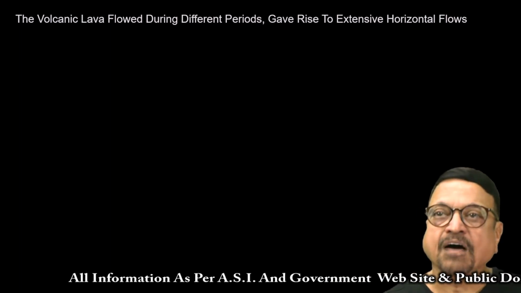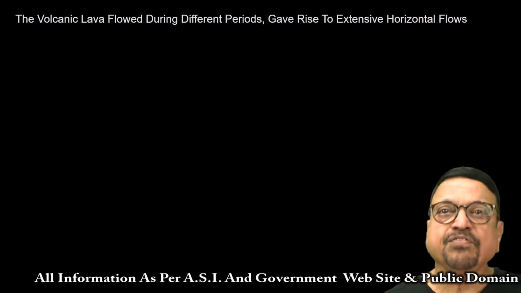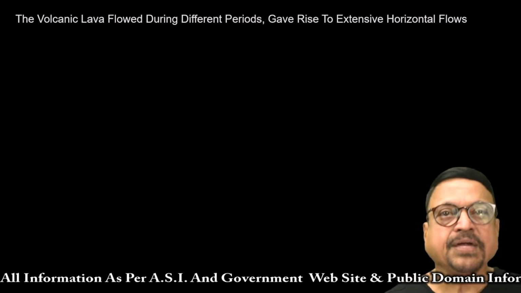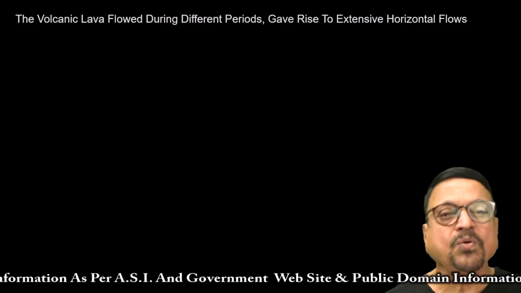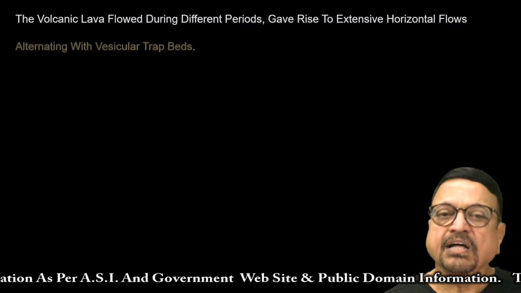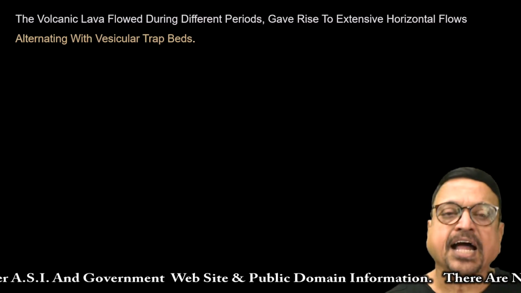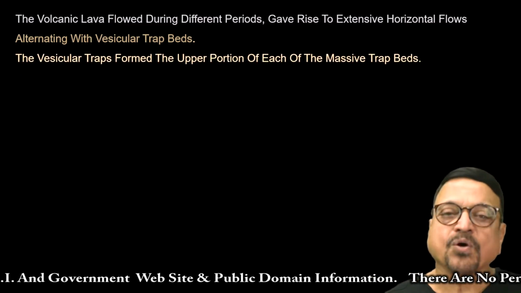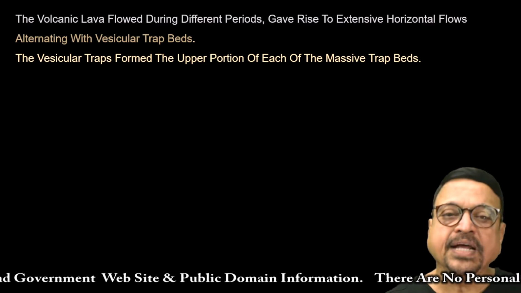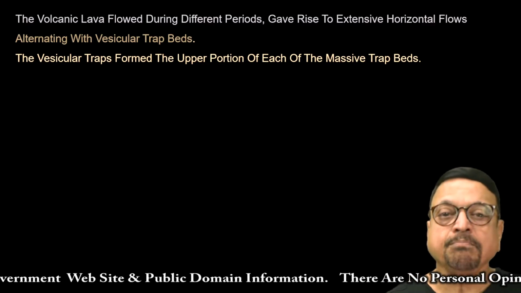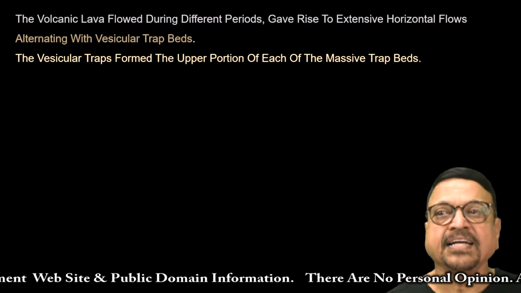The volcanic lava flowed during different periods, and it gave rise to extensive horizontal flows, alternating with vesicular trap bands. We are talking about how the Deccan plateau developed, billions of years back.